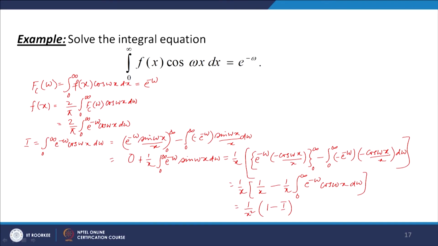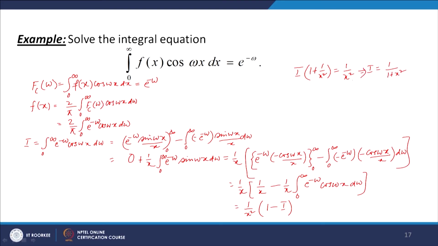We have denoted 0 to infinity e to the power minus omega cos omega x d omega as I. So 1 over x square into 1 minus I we have. Let us take this term to the other side, then I times 1 plus 1 by x square is equal to 1 by x square. So this gives us I equal to 1 upon 1 plus x square.